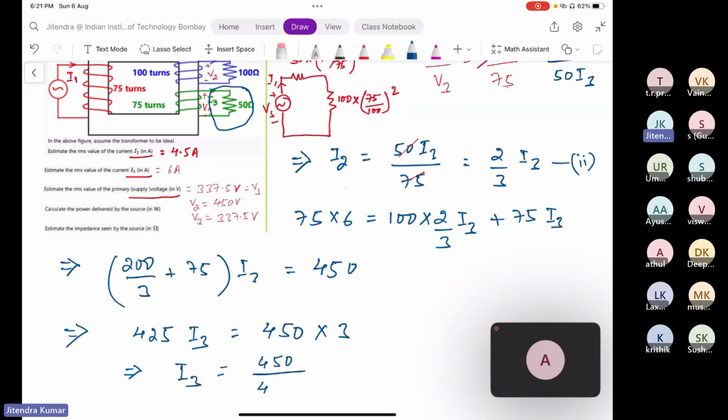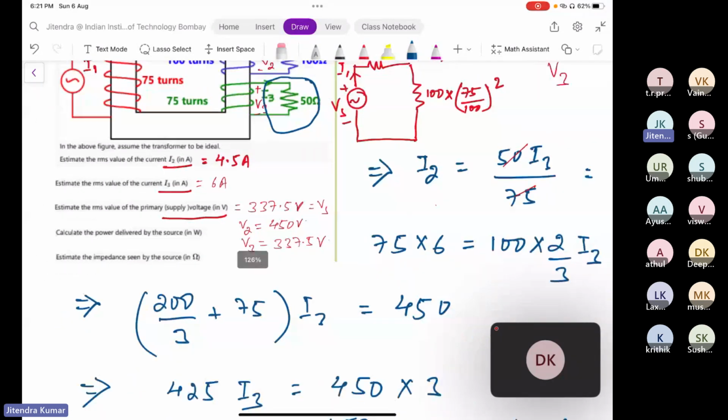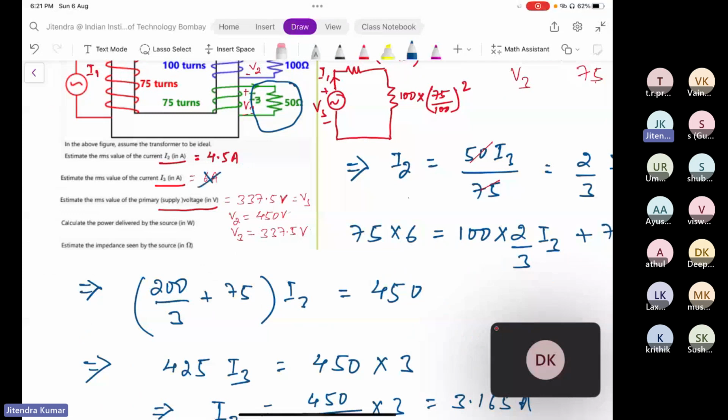Sir, 3.165. Okay, so it is 3.165 ampere. So whoever told me the value of I3 as 6 ampere, apparently it is not correct. It is 3.165 ampere.